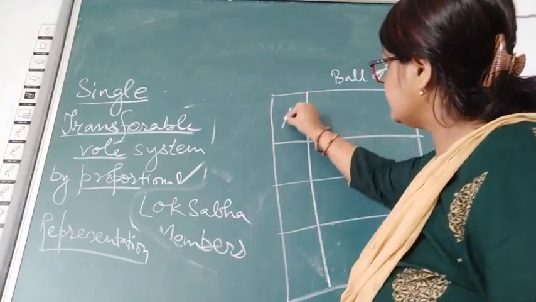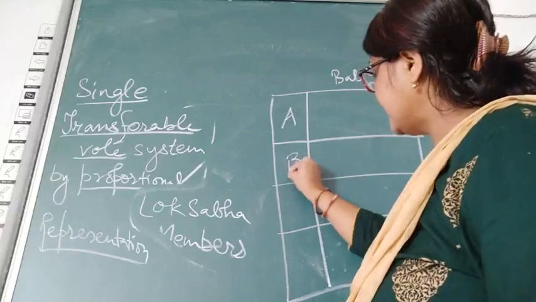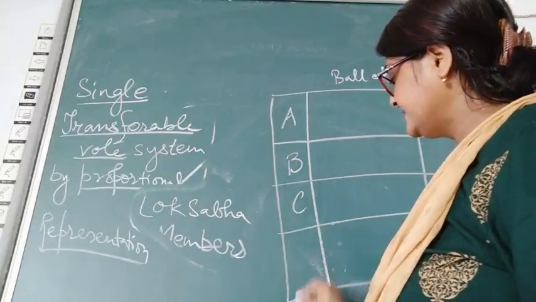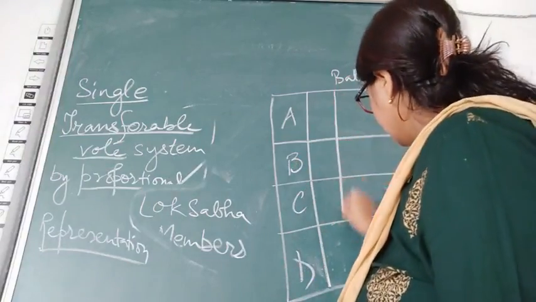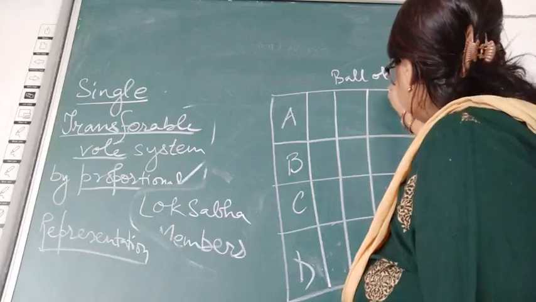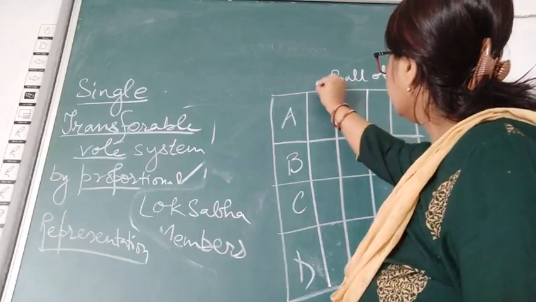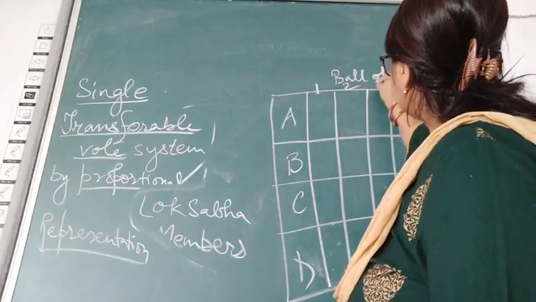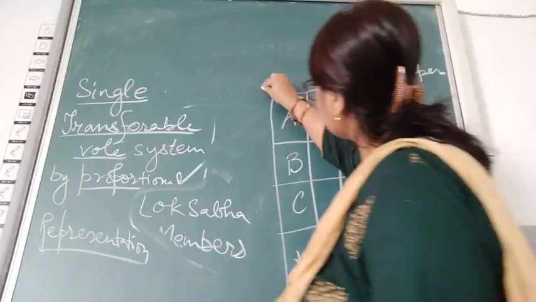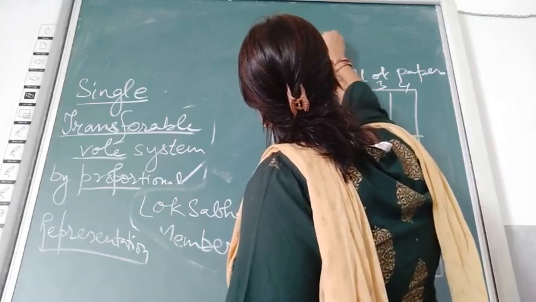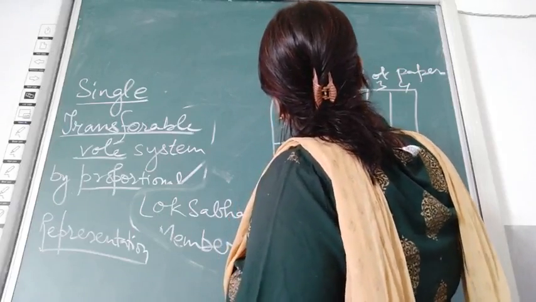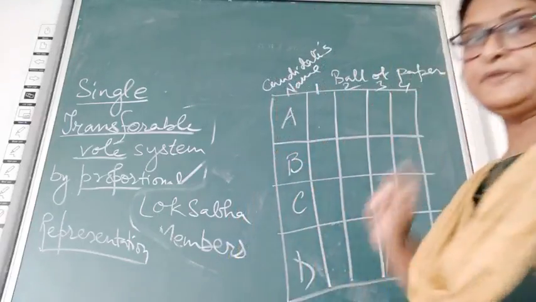For example, this is your candidate A, this is candidate B, this is candidate C, and this is candidate D. Here are the preferences, your 1, 2, 3, 4. This is your candidate's name. And these are the preferences.